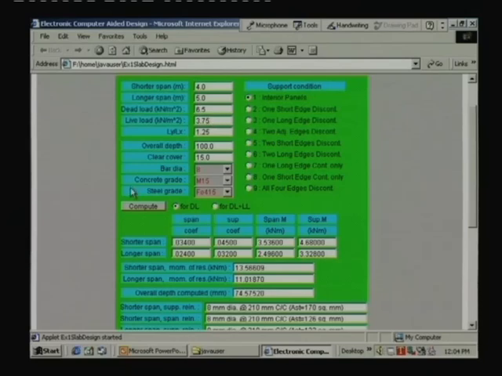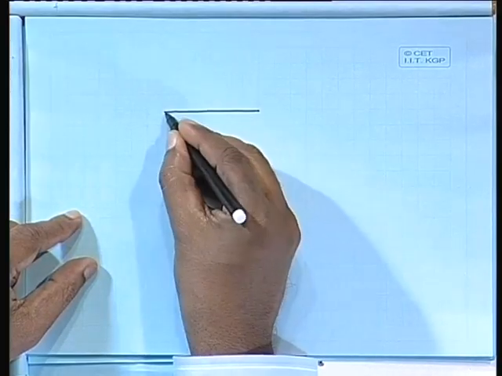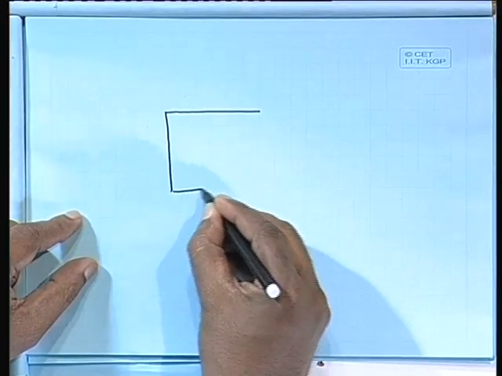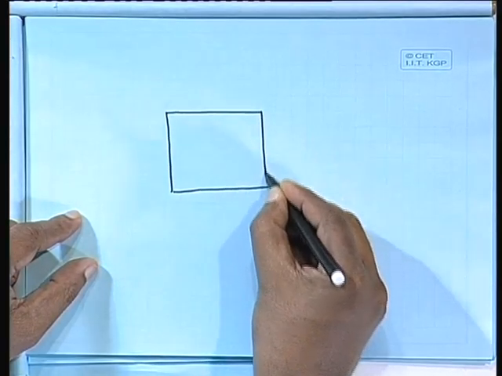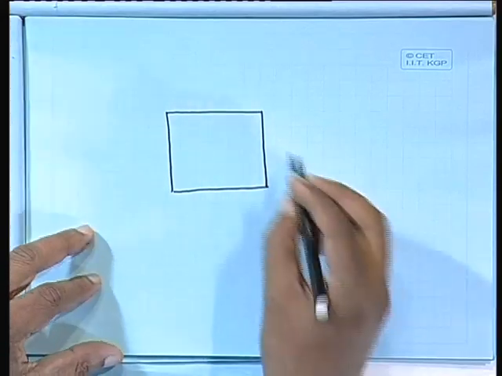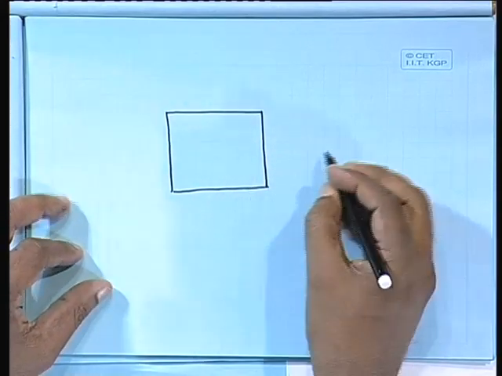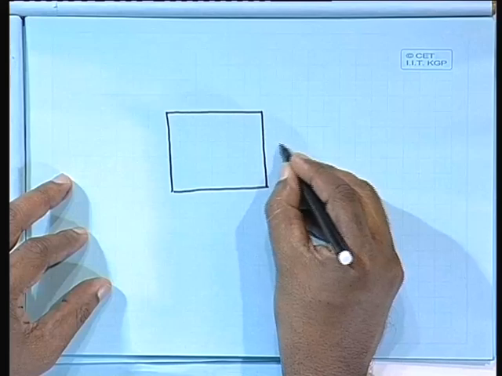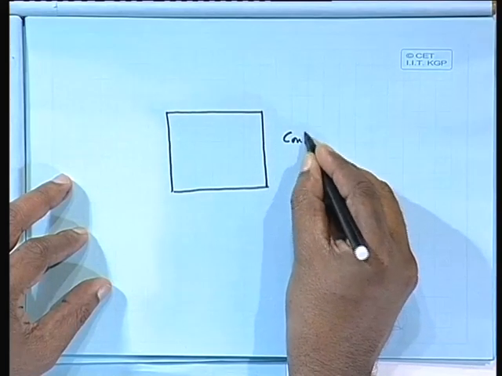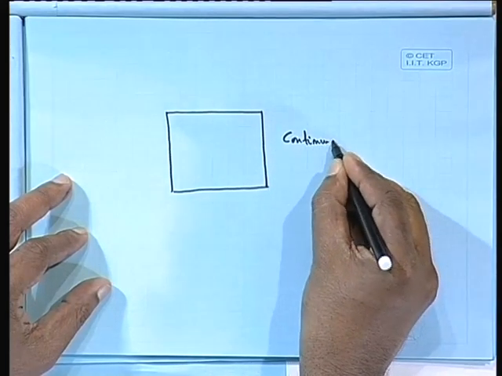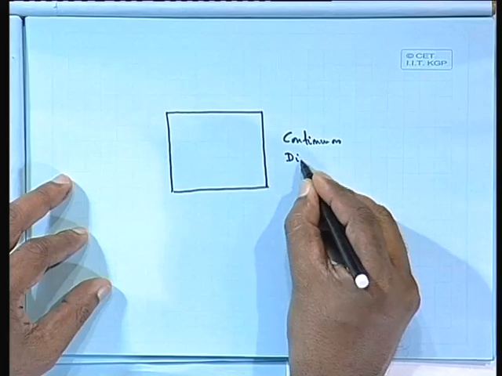My initial plan was to give you the rectangle only, something like this, and I shall try to make that one in Visual C++. If this is your rectangle, we can specify whether this edge is continuous or discontinuous.